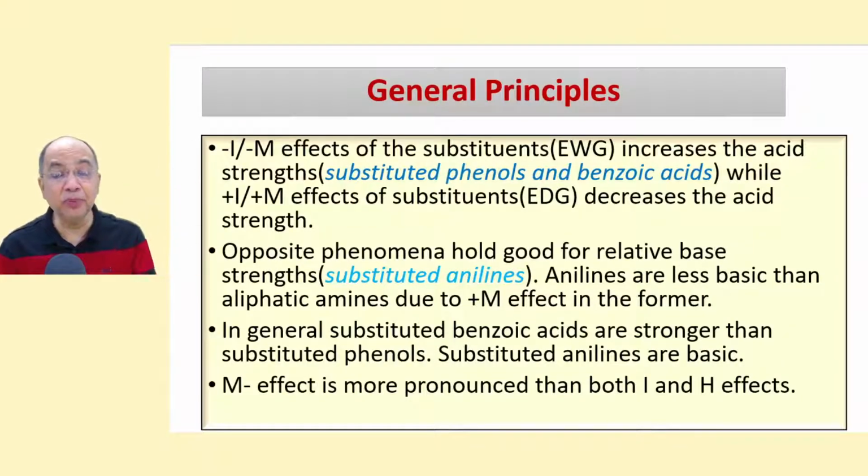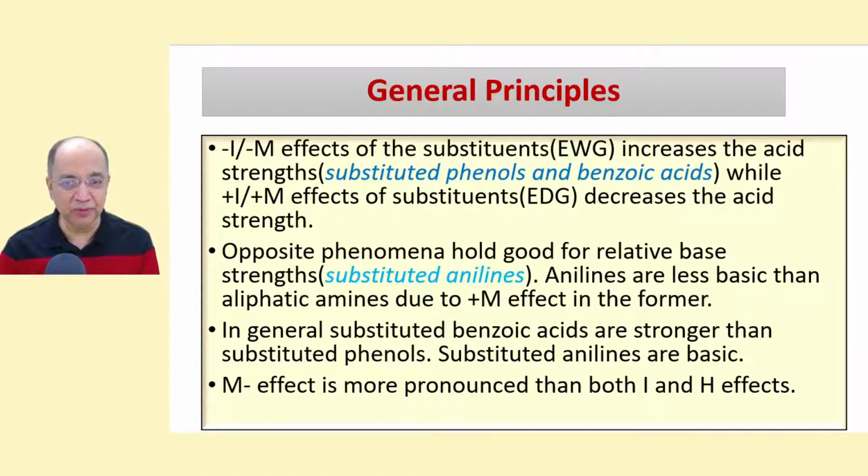Now, the general principles for studying this, let me remind you, you know already from aliphatic carboxylic acids and amines, that a minus M or minus I group, or minus M minus I effects from an EWG, electron withdrawing group, increases the acid strength by stabilizing the conjugate base.